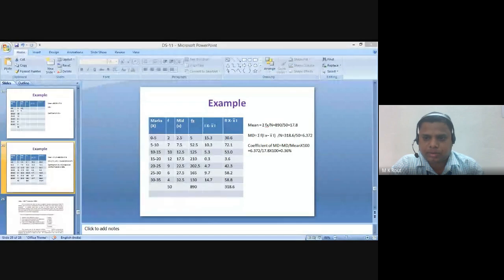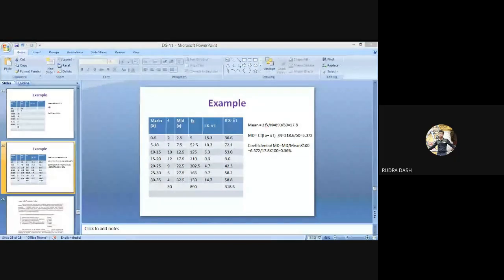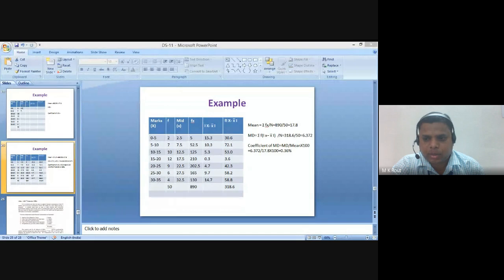Rasmi Parvin? Rudradas? Have you finished? Yes, sir, I'm calculating. Better you calculate your own and compare with my answer.